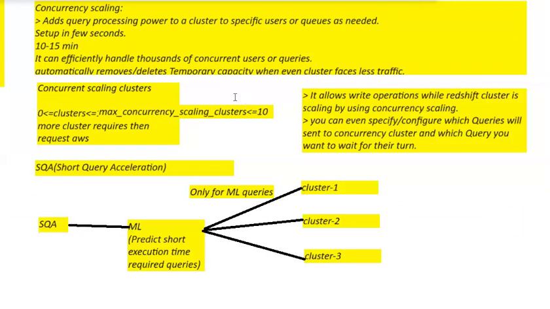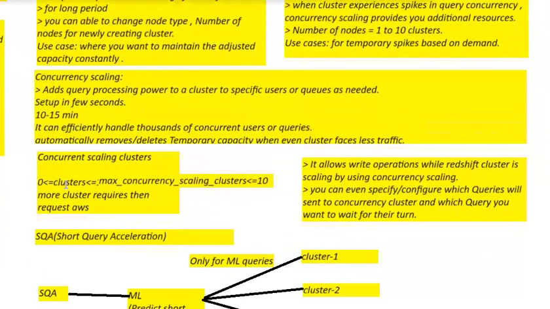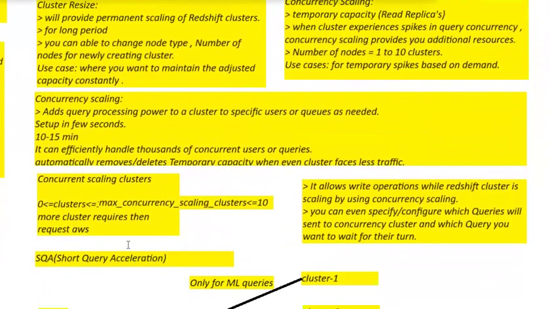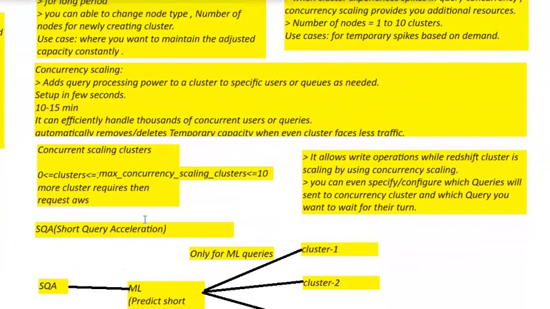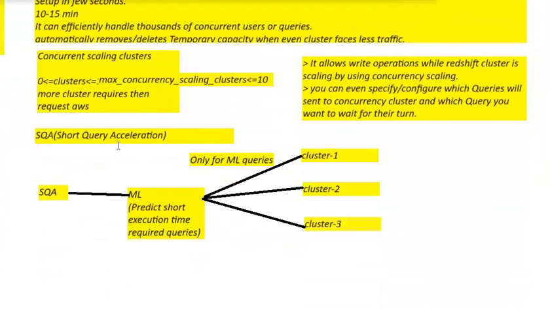Since we are learning about concurrency scaling, we need to know about SQA. So what is this SQA? Short query acceleration. In short query acceleration, your query is not directly distributed to your scaled clusters. There is an ML model present in between. First, all your queries reach this ML model.